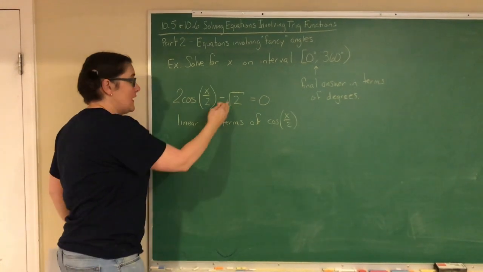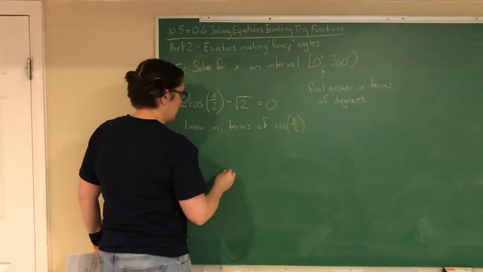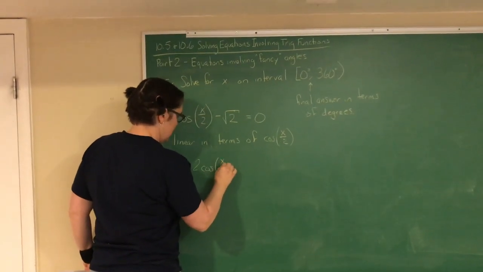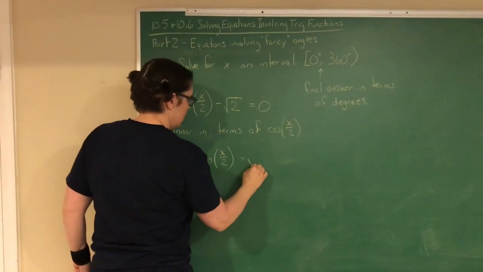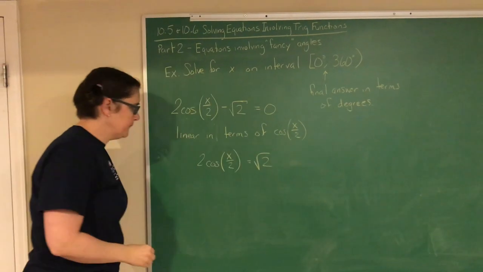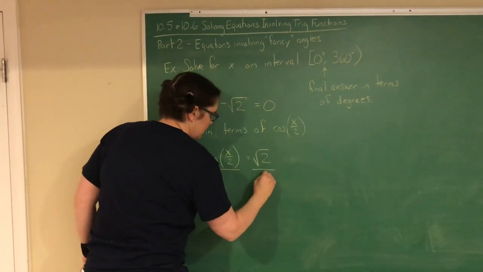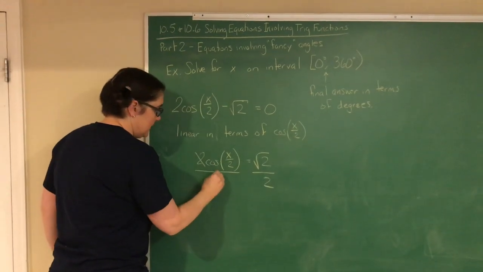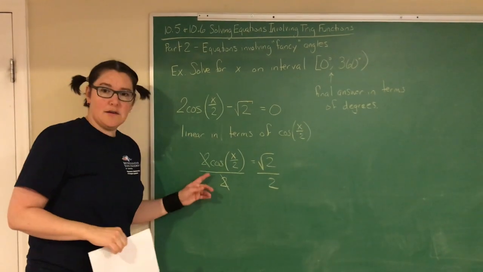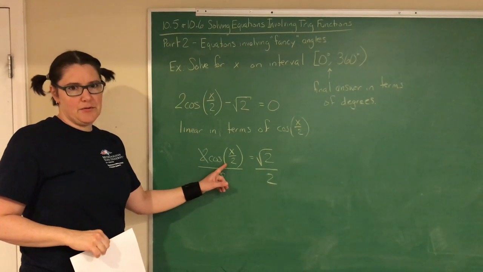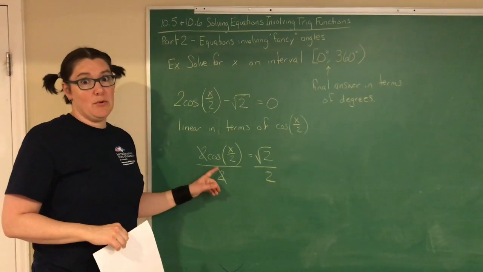To do that, I can add square root of 2 to both sides. So we would have 2 cosine of x over 2 equals square root of 2. Then I can divide both sides by 2 to cancel the 2 in the front. Notice that this canceling does not affect the stuff inside the parentheses in any way, shape, or form.